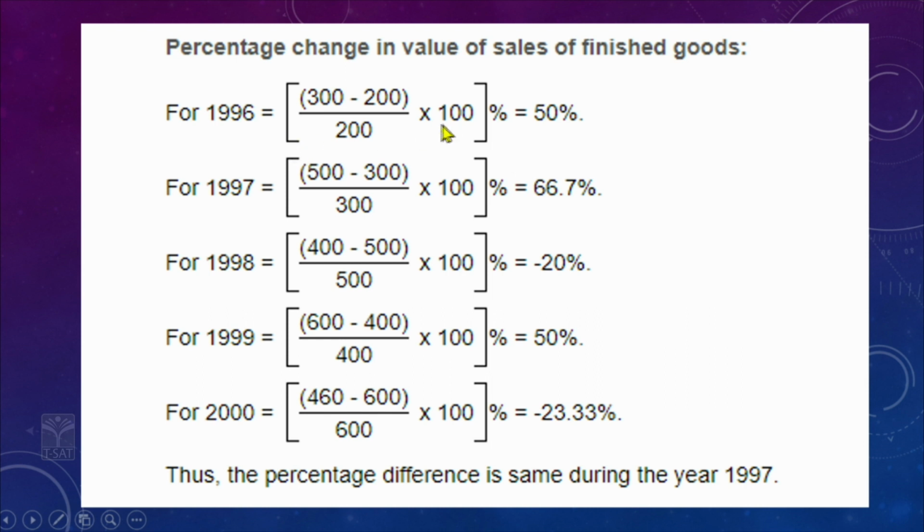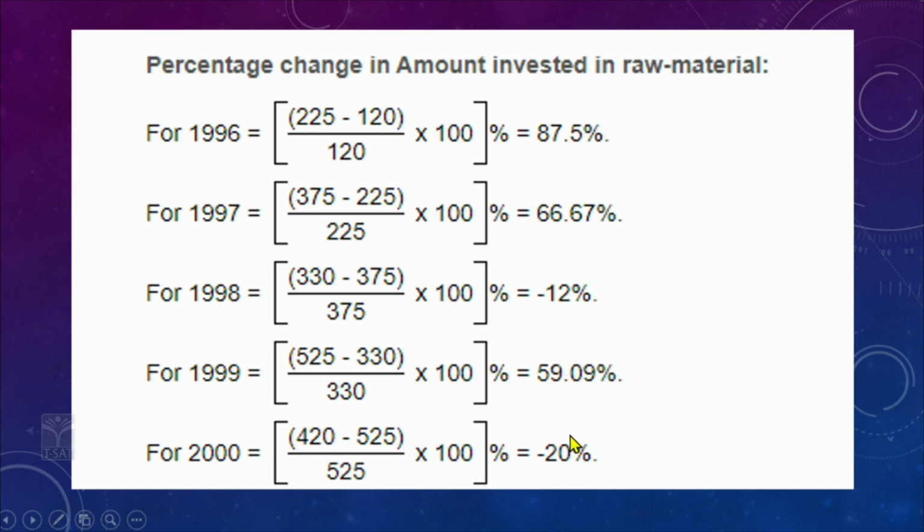And for the remaining, in 1996 it is 50%, in 1997 it is 66.7%, in 1998 it is minus 20%, in 1999 it is 50%, in 2000 it is minus 23.20. Means in 1998 you get minus 20%. In 2000 also you get 20%.